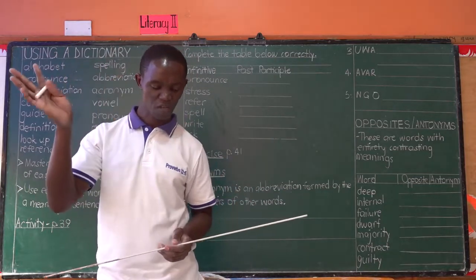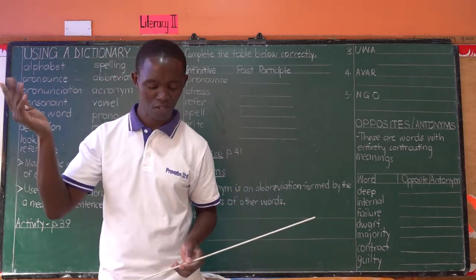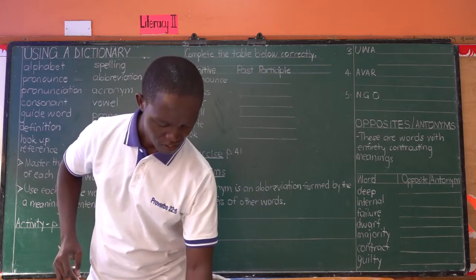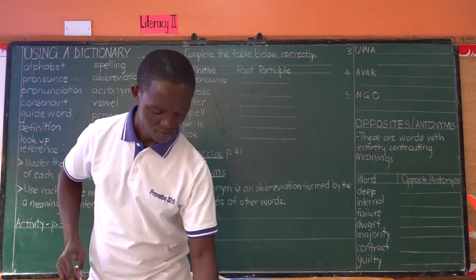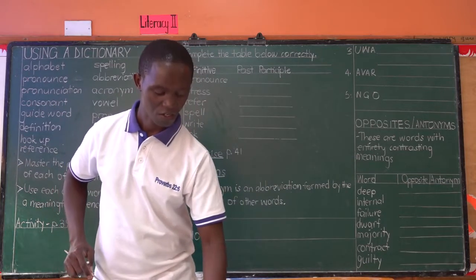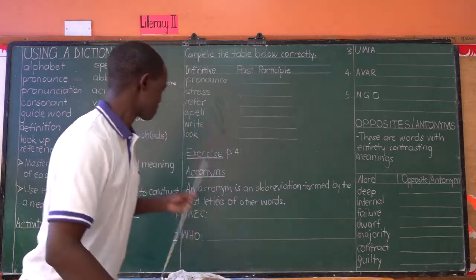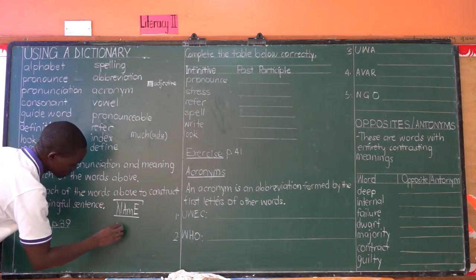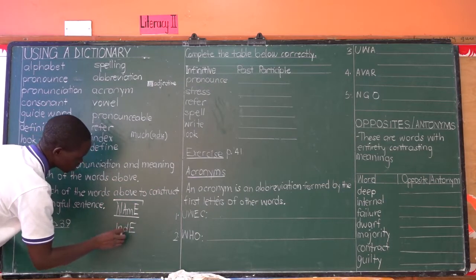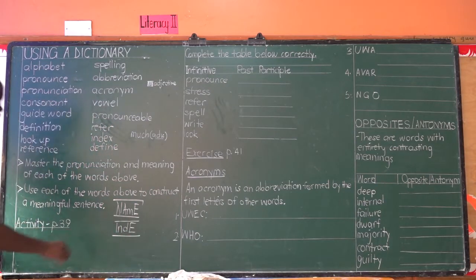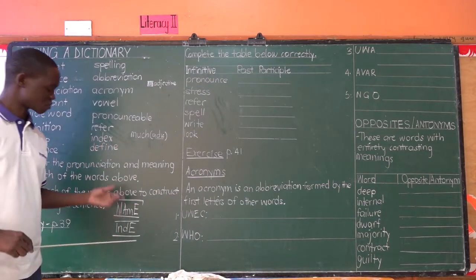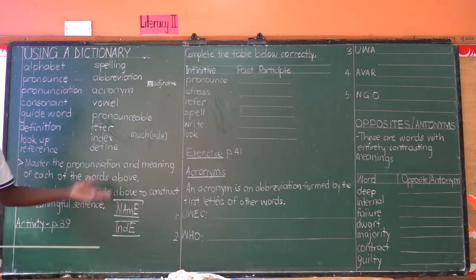So when you see one marked with Indian English, is it given here? Okay, it is shown as I-N-D-E. In Indian English, those expressions are marked like this: English that is commonly spoken and may be understood in India.